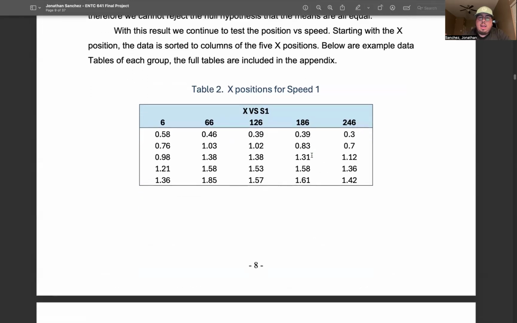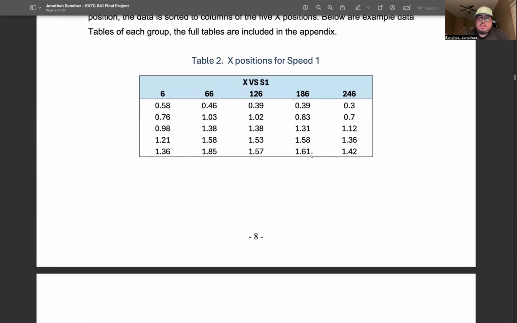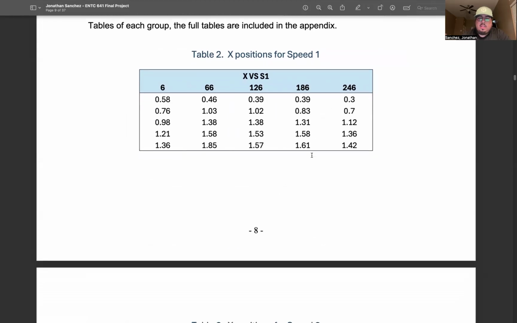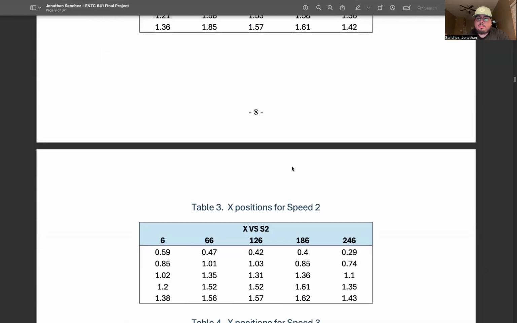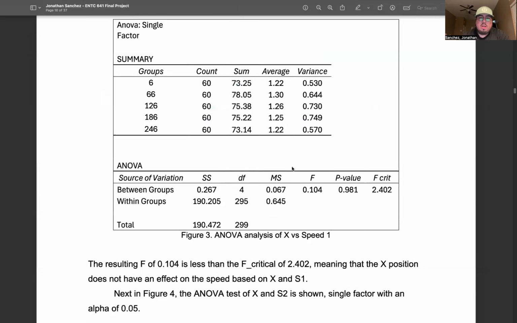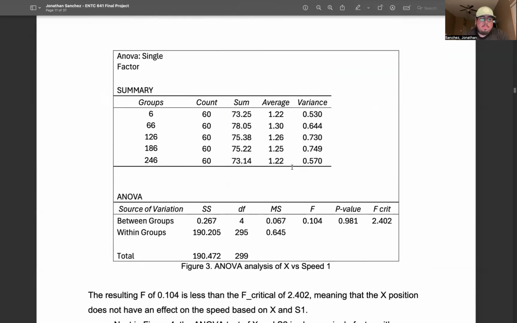From there, I show some charts of the different X versus the speed. At the top here, we have the X values for each position, and down below, we have the actual speed that goes with it. I did that for each chart on each position.